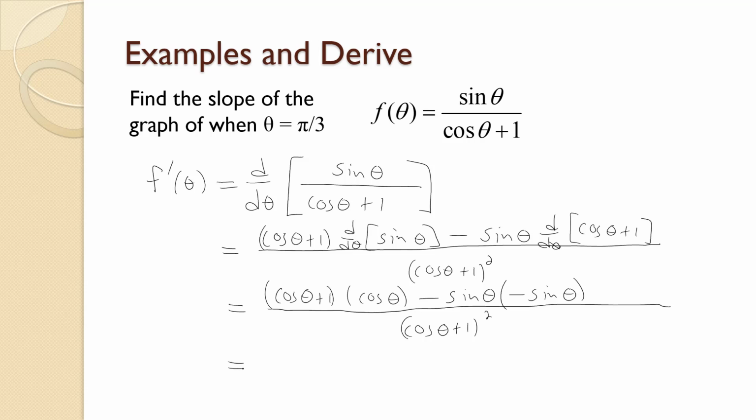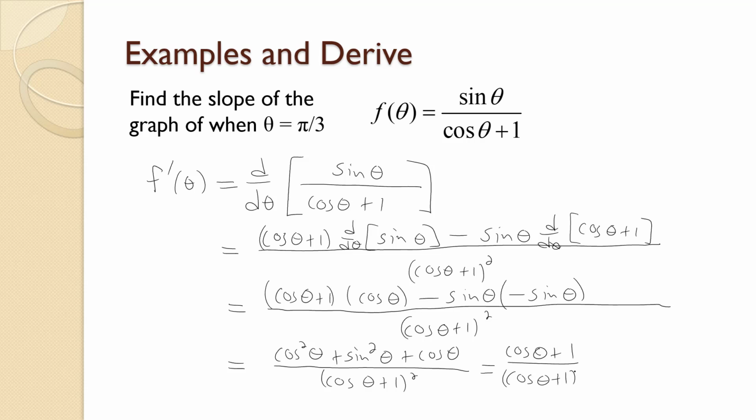So that would then be, in the numerator, I'd have a cosine squared of theta plus a sine squared of theta plus a cosine of theta, and that's entirely over the cosine of theta plus 1, that quantity squared. And that then would be, I'd get a cosine of theta plus 1 over a cosine of theta plus 1, that quantity squared. So after all this work, you get 1 over the cosine of theta plus 1.